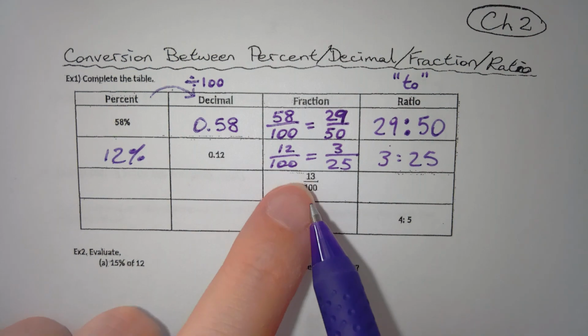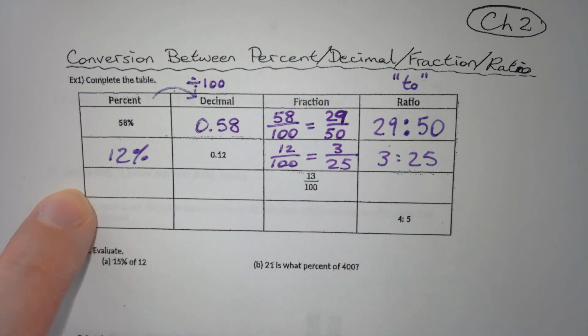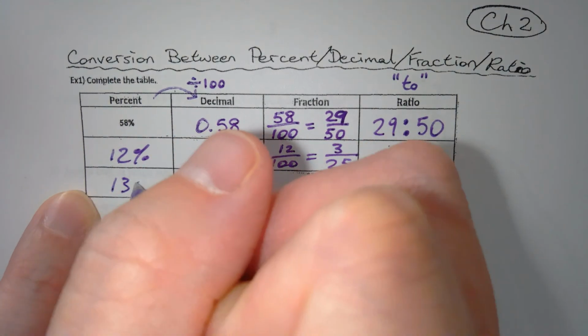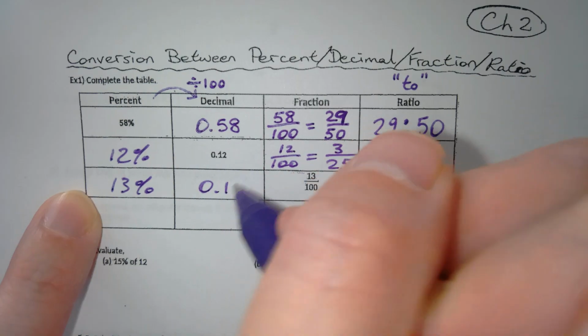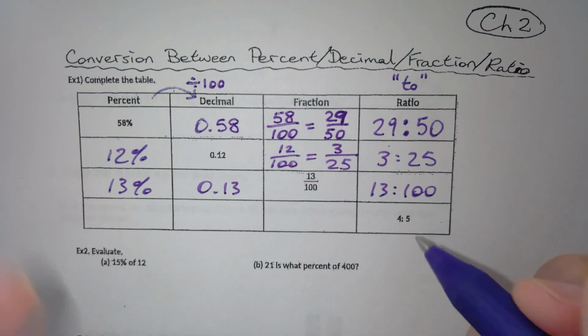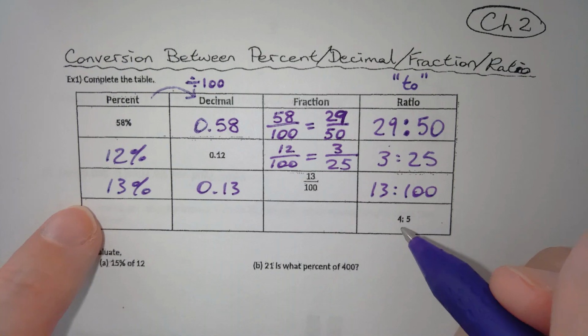Okay, who has the third row for me? Jeffrey. 30%, 0.3, 13 colon 9. Good. Okay. This one, 4 to 5. Carson? 80%.